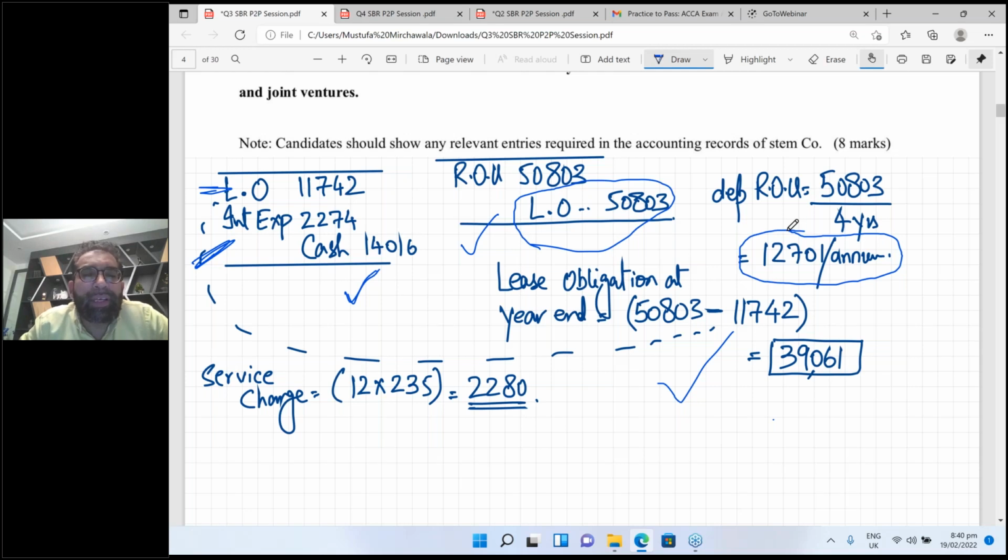In option number one, interest expense 2274, depreciation expense 12701, and service charge 2280 will go in the PNL. Right now I have just taught you this, nothing else. I hope and I'm sure you understood it.